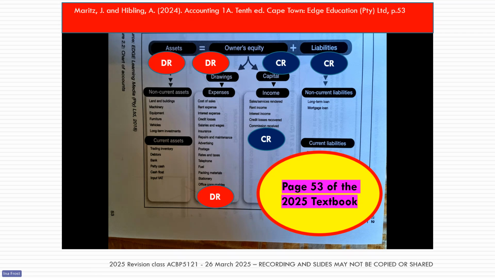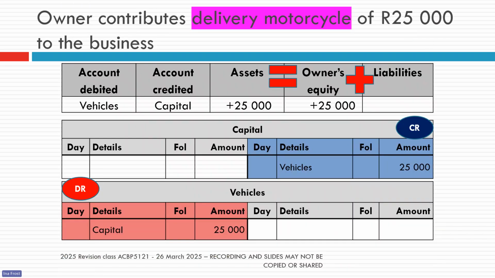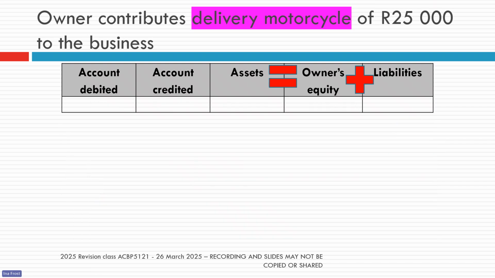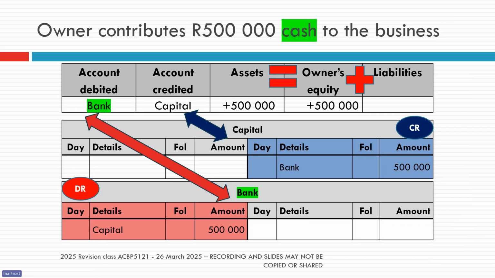So instead of making pluses and minuses in the general ledger, you can see in my general ledger accounts, I didn't put the pluses in front of the amounts, because the debits and the credits now mean the pluses or the minuses. So in the general ledger, we replace the plus and the minus with having the debit and credit transactions.